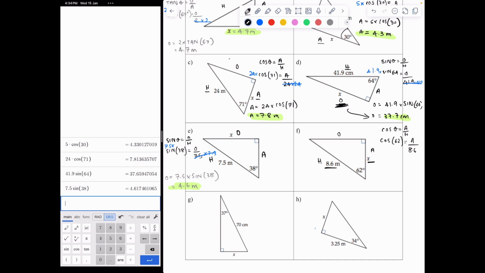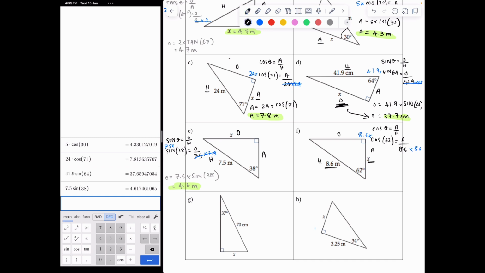We need to get rid of, I might move this across slightly. There we go, more space to write. To get rid of 8.6 and have A all by itself, we need to times it by itself because it's currently being divided, and the opposite of divide is times. That means we have to times the other side by the same thing. It's all symmetrical here.